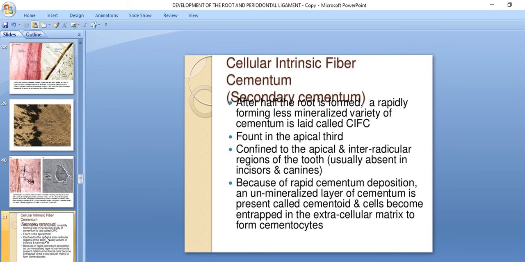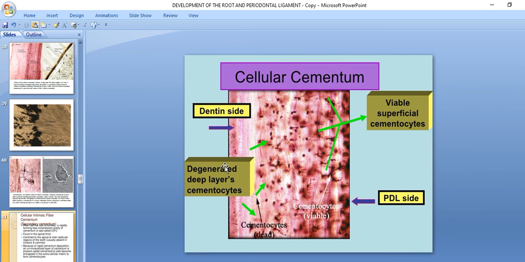The cellular intrinsic fiber cementum, and here you can see the cellular cementum, originates pre-eruptively in the area of root furcations and post-eruptively in the apical regions. It is always the first layer of cellular mixed fiber cementum, and in subsequent layers of cellular mixed fiber cementum, it forms the intermediate layers.